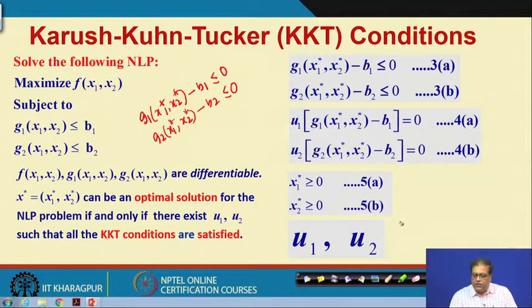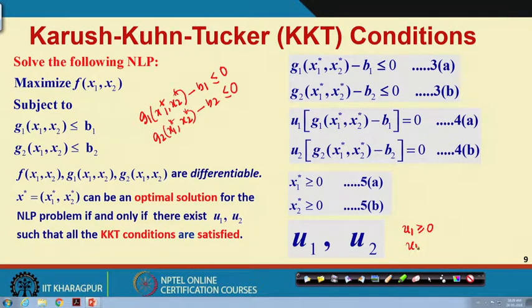The sixth condition has not come properly. It means u 1 should be greater than or equal to 0 and u 2 should be greater than or equal to 0, right. So, these are the 6 conditions. This is how you can see that at the optimal point the necessary conditions are that the KKT conditions must hold, right.